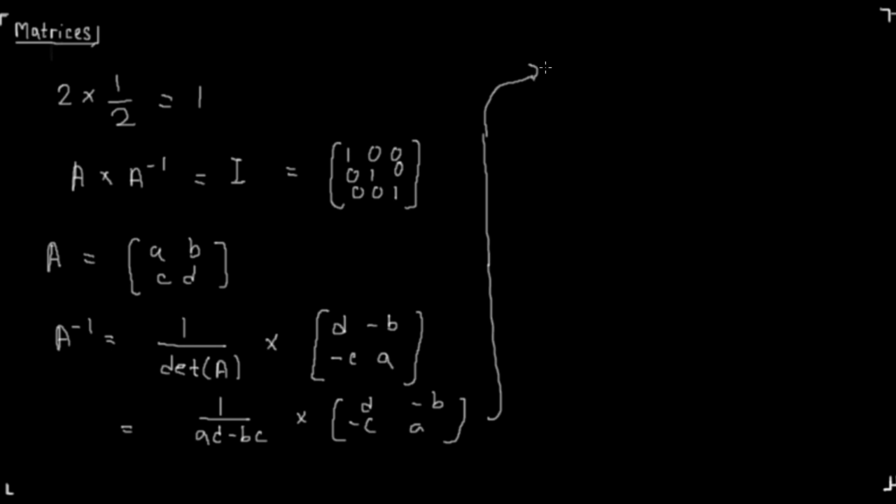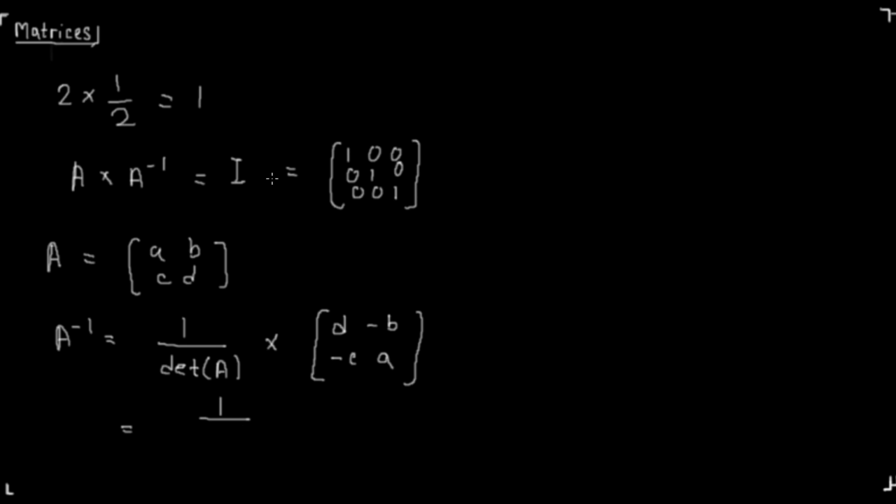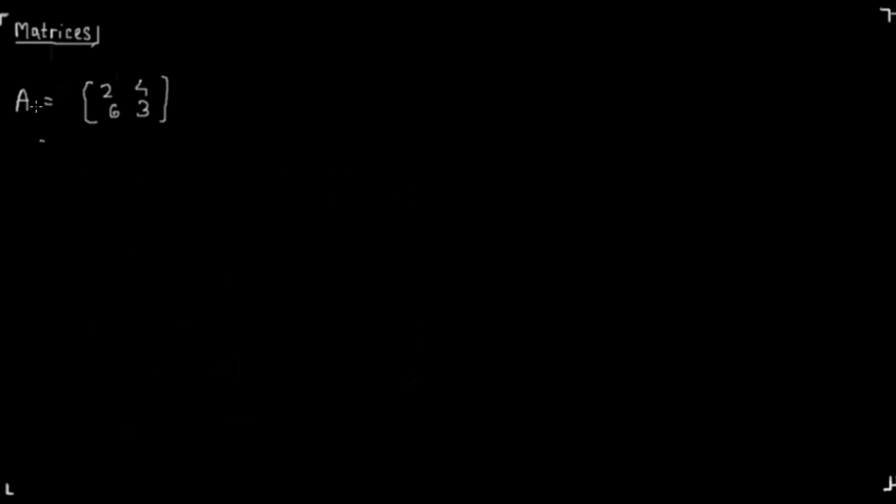The writing is getting a bit sloppy, weird writing on a new laptop. This is the normal formula to get the inverse of a matrix. Let's do an example and find A inverse.